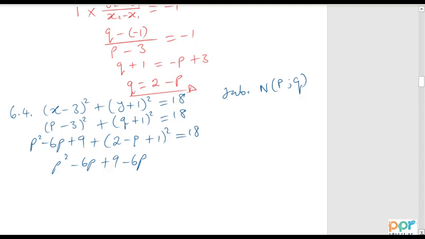Negative P all squared would give me positive P squared, equals 18.